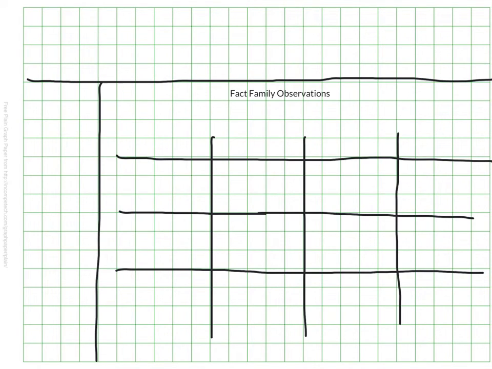So I just made a quick table here so we can look at some observations and notice some patterns. And you can go ahead and make a quick copy of this in your spiral as well. I'm just going to show a couple examples of some number sentences and their related fact families, and then we'll see what kind of patterns we notice.